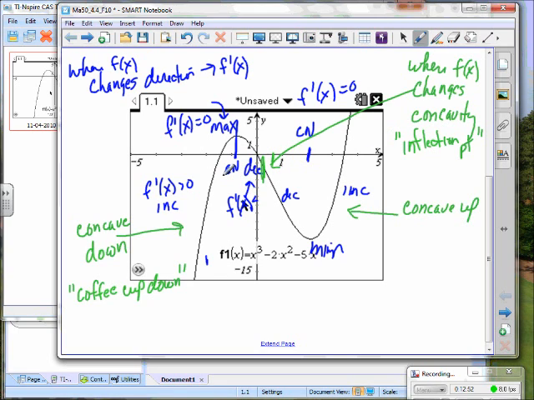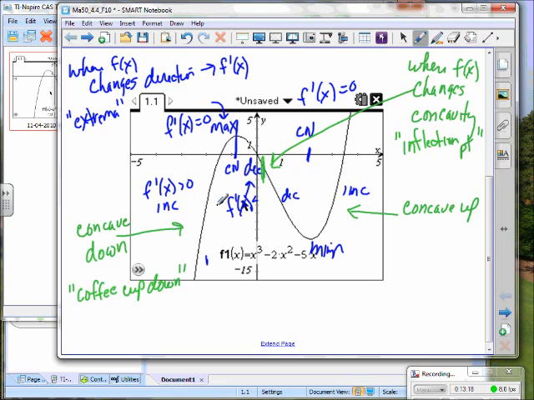So give me another one. You're absolutely correct. It's a critical number of the function, but what's another way that we describe where the direction changes? We call it an extrema. Now, we needed to find out, you know, is it a maximum or minimum? But where the function changes direction, we have an extrema.